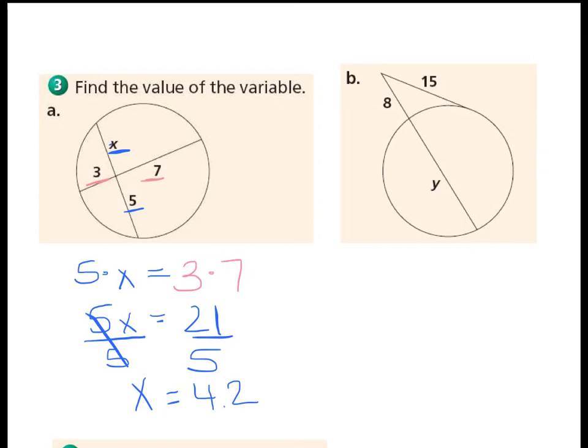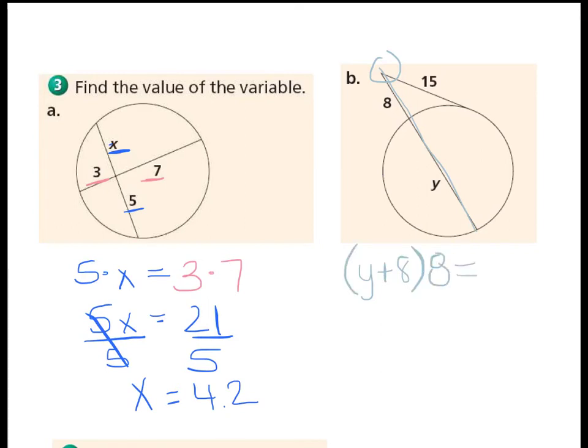For part B, the vertex is outside the circle. So what you want to do is get that formula. Now this is the third one. Remember there was 1, 2, and 3. So what you end up doing is saying the whole thing, the long one, I'll say this one right here, the whole line is y plus 8 times the extra outside piece, 8.